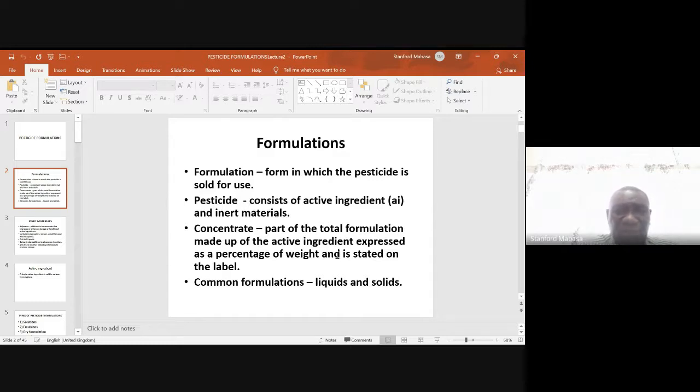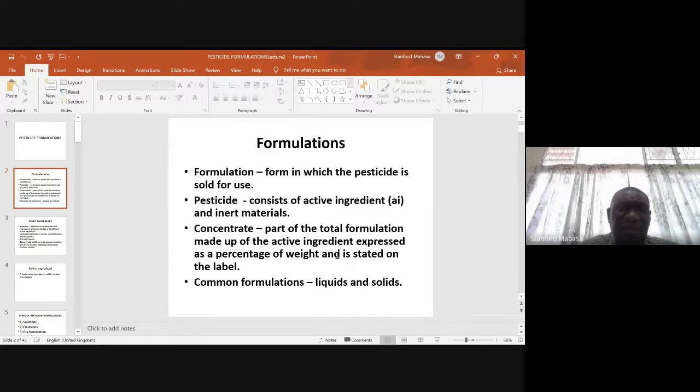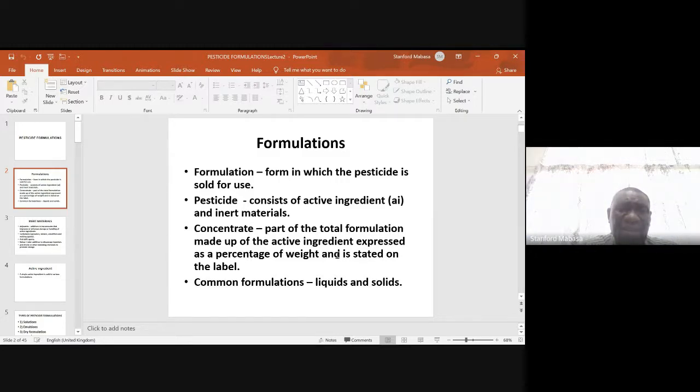You can have what we call the concentrate, which is part of the total formulation made up of the active ingredient expressed as a percentage of weight and is normally stated on the label.